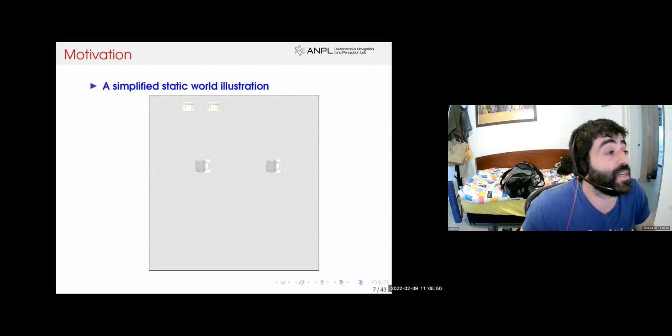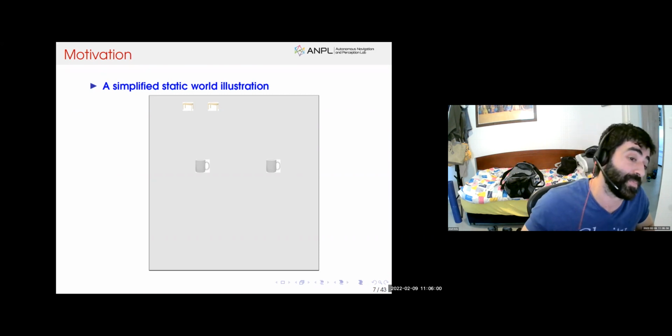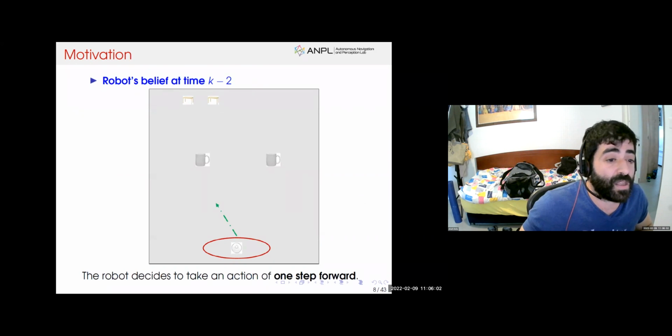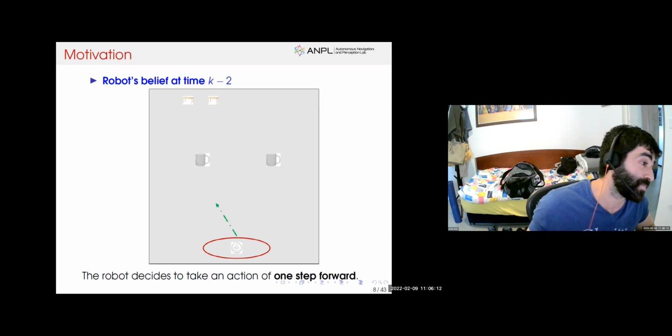Now, this is a simple setting actually to show the motivation for my approach. Consider a setting where we have two identical mugs and two identical tables, which are located in a serial order, one after another. Our robot takes its first action from an initial location where we see the red circle is actually the prior estimation marked in red.